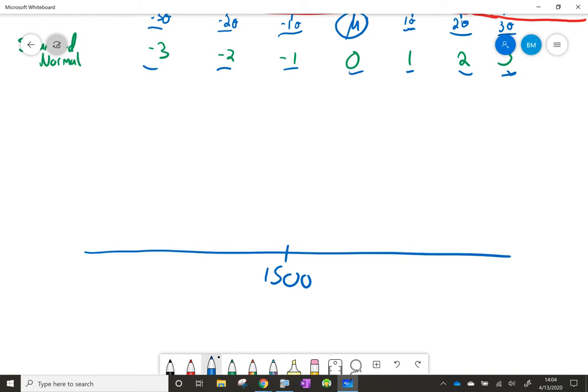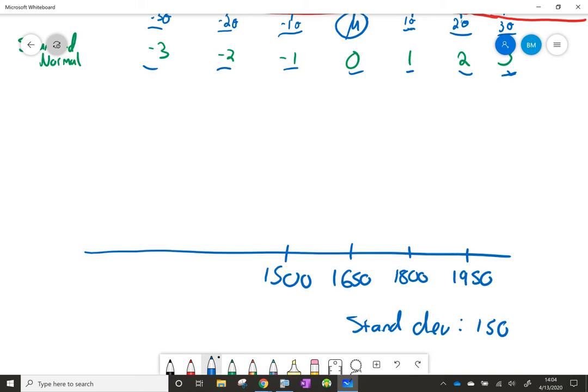And since the standard deviation is 150, one standard deviation to the right would be 150 more than 1,500. So that would be 1,650. 2 standard deviations would be another 150. So that would be 1,800. And then 3 standard deviations away would be another 150, which would be 1,950.